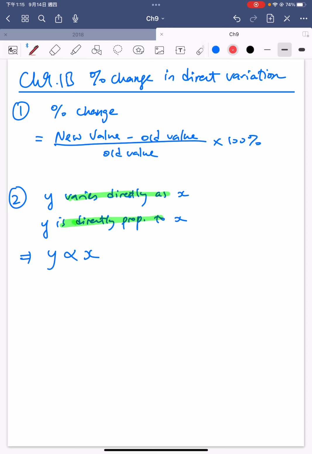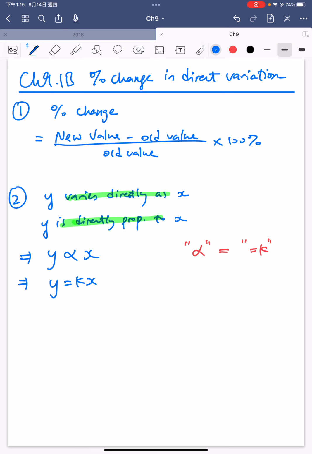So every time you see this symbol, directly proportional to, you can change it to equal to k. Which means that we can change this formula to be y equal to kx. So that's the main two things we need to remember in this chapter.